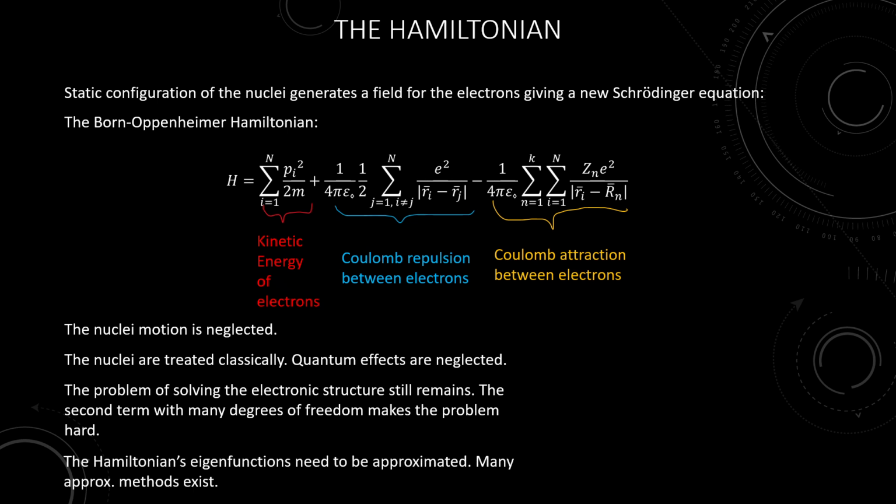And so we have to approximate the eigenfunctions of the Hamiltonian, because the second term, which is the electron-electron interaction, still has so many degrees of freedom. So the problem is still difficult. We have to approximate the eigenfunctions of this particular Hamiltonian in order to solve it, and many approximation methods exist for the purpose of trying to solve this Hamiltonian.